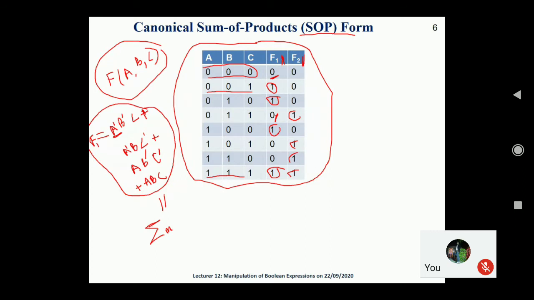If you use only summation, it is also correct. If you use summation with subscript small m, then also it is correct. This is the notation we use for the min terms or sum of products. Are you getting my point?